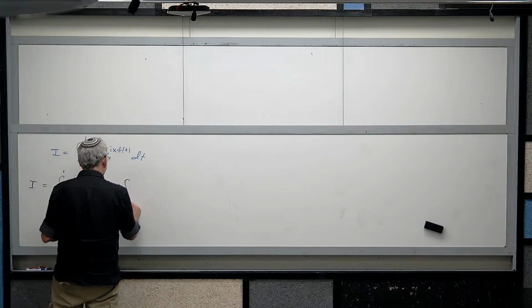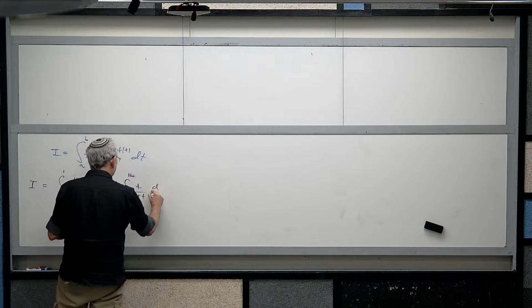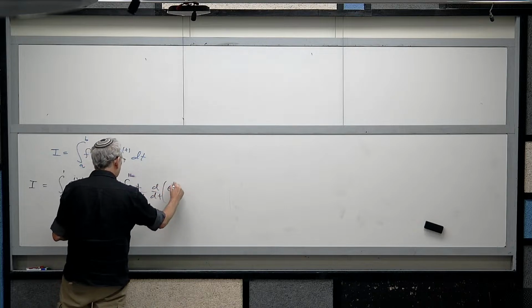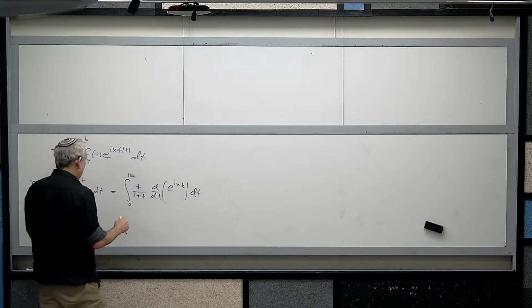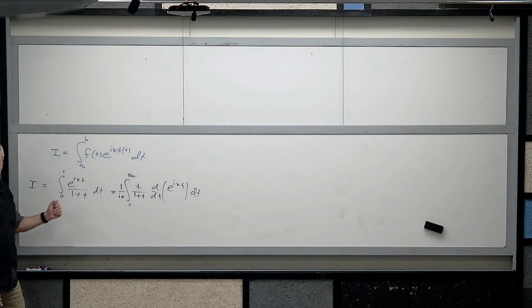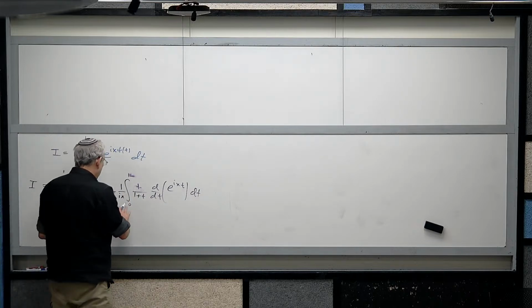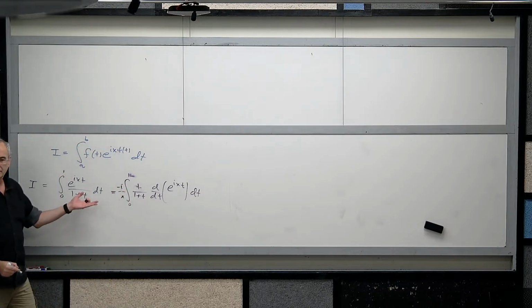So this integral is equal to the integral from 0 to 1 of 1 over 1 plus t times d/dt of e to the I x t dt, but I have to divide by I x, right? Well, I can write this as minus I over x. Doesn't matter. Do you agree?